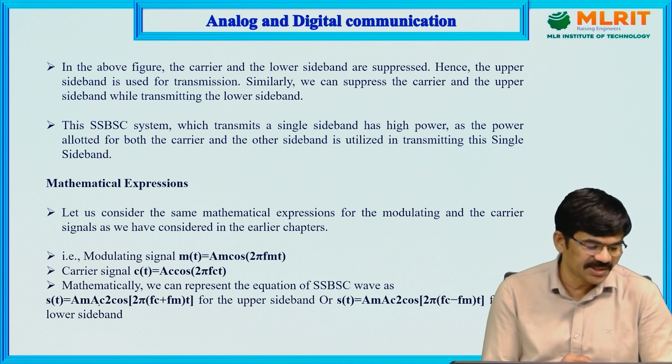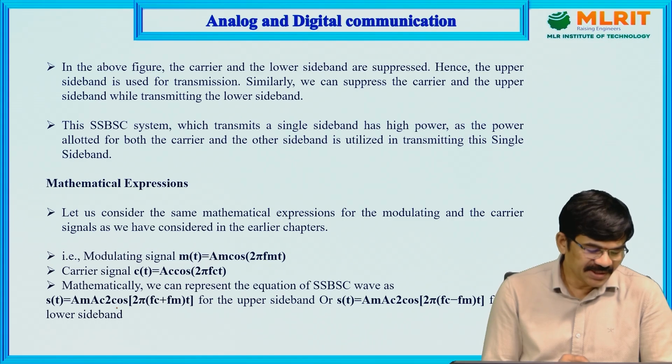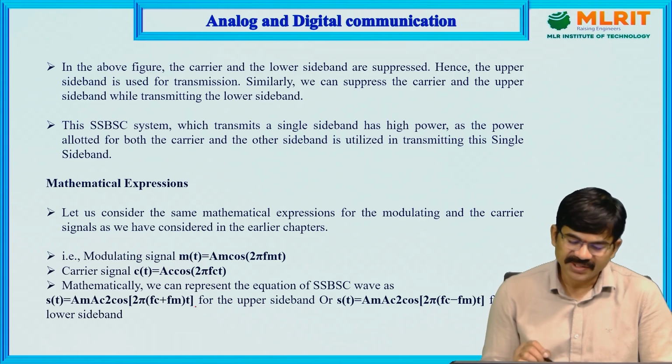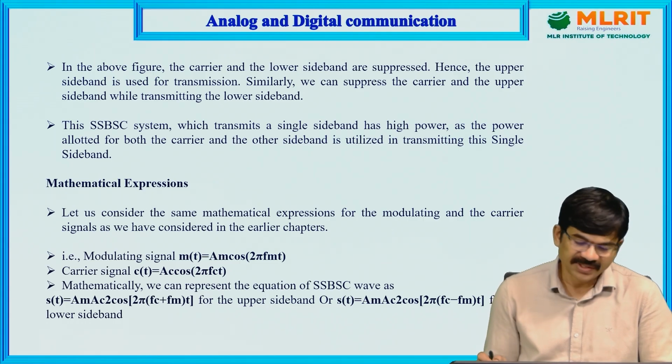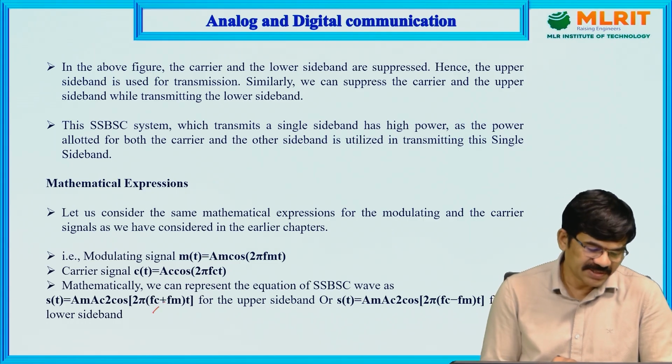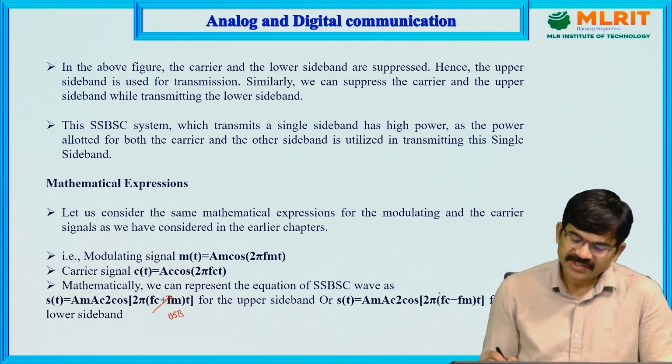S of t equals Am Ac squared cos 2 pi (fc plus fm) t, or Am Ac squared cos 2 pi (fc minus fm) t for the lower sideband. This is for the USB, the upper sideband. This is for the LSB, the lower sideband.